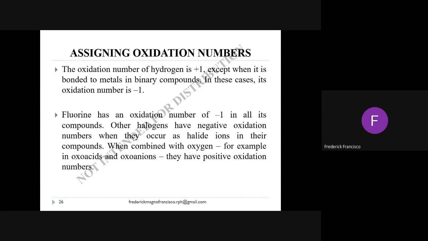Fluorine has an oxidation number of -1 in all its compounds. Other halogens, chlorine, bromine, and iodine, have negative oxidation numbers when they occur as halide ions in their compounds. When combined with oxygen, for example in oxoacids and oxoanions, they have positive oxidation numbers.